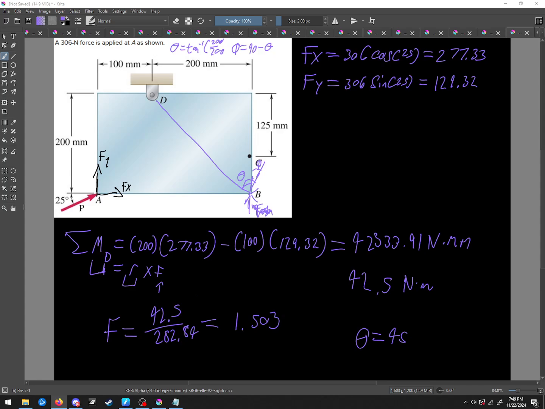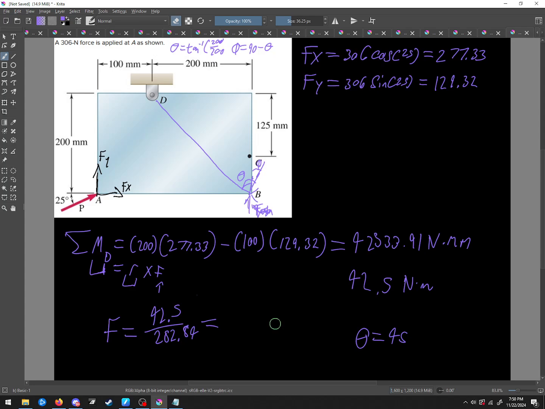What went wrong? Ah, yes, I got it. This was in millimeters. So now we change this over to meters again.